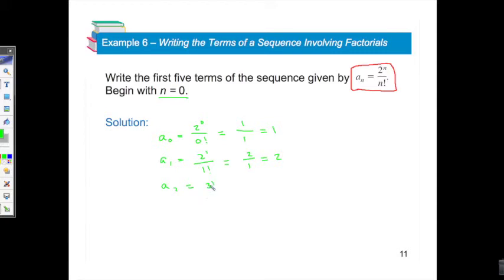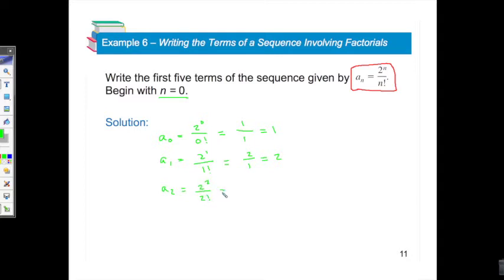Still a 2, but it's raised to the second. 2 to the second. Actually, I'm just going to erase that. Try that over again. Alright, my third term, a sub 2, which is 2 to the second over 2 factorial.